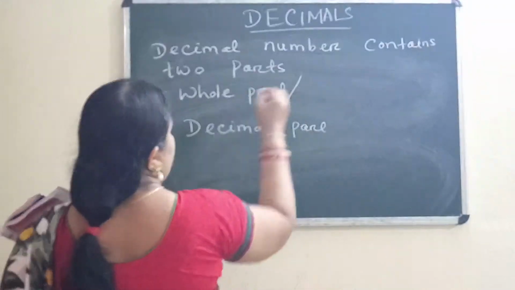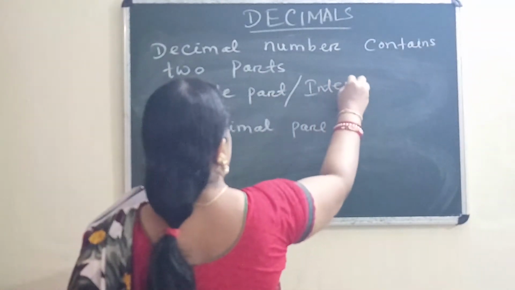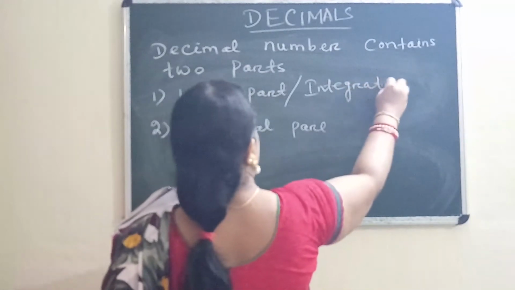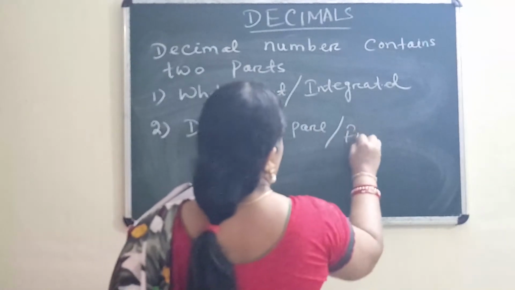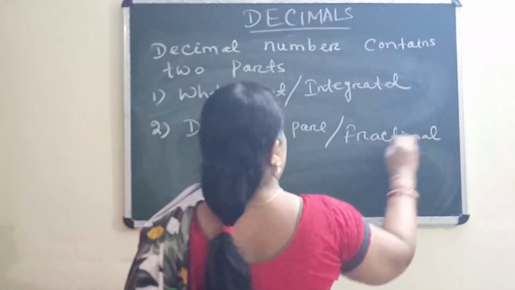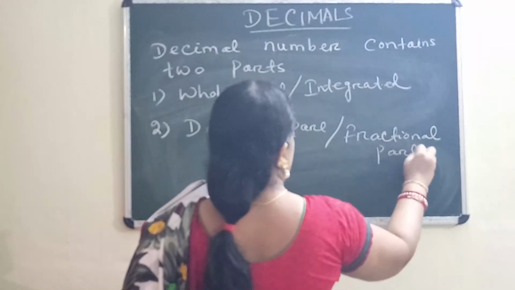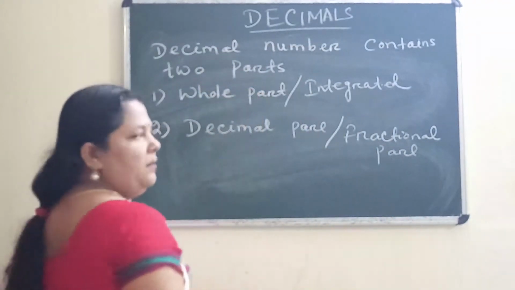You can say the first is the whole part or integral part, and the second is the decimal part or fractional part. Clear? So a decimal number consists of these two parts.